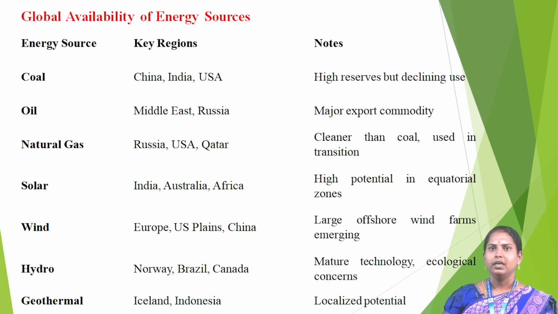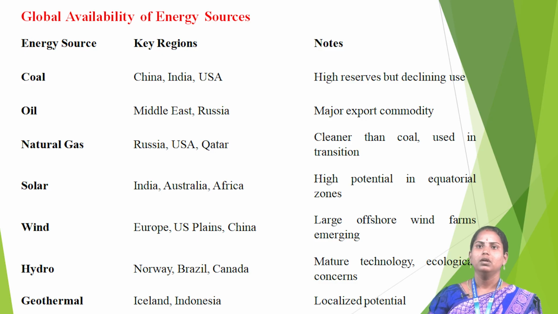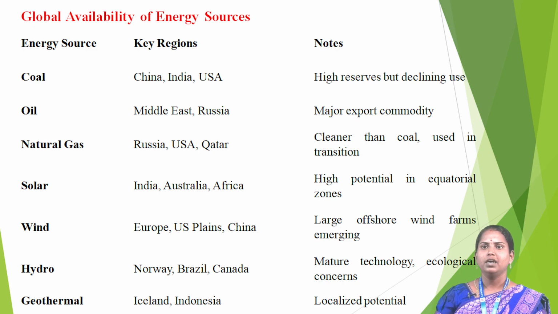Global availability, energy source and notes. Coal: China, India, Russia are the main regions, with high reserves but declining use. Oil: Middle East and Russia are major exporters. Natural gas: Russia, USA, cleaner than coal, used in transition.